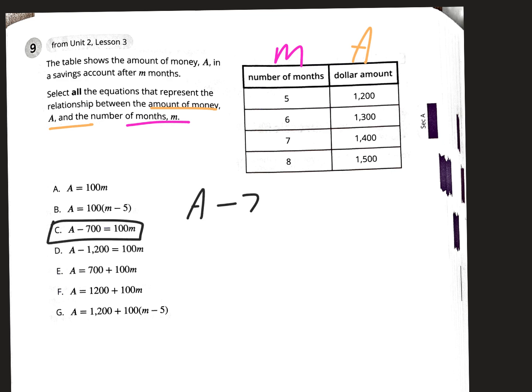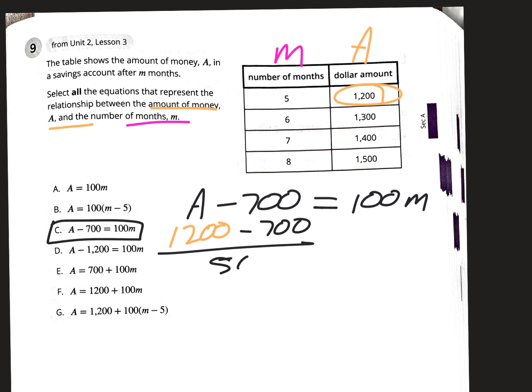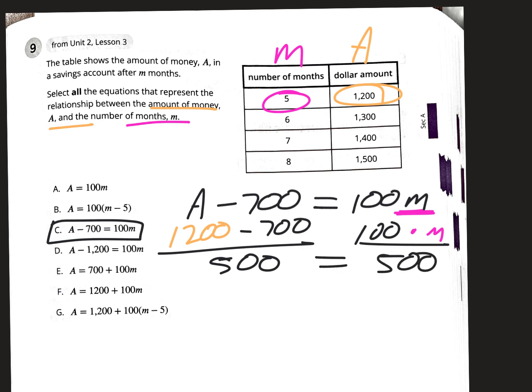So I've got A minus 700 equals 100 times M. So if I take my A, which is 1200, and I subtract 700, I get 500. Then 100 times M is also 500. So since this makes an equation that is true, I know that C is one of the answers.